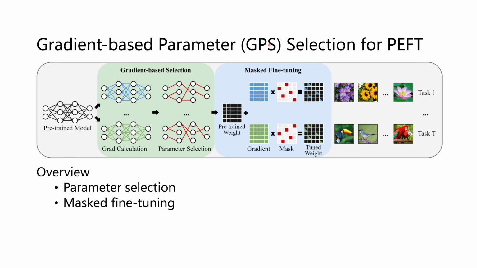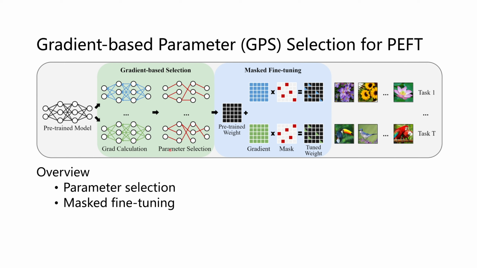And let's go through our method again. First we have a pre-trained model, and then we calculate the gradient for one task. And then based on this gradient, we select the parameters per neuron.